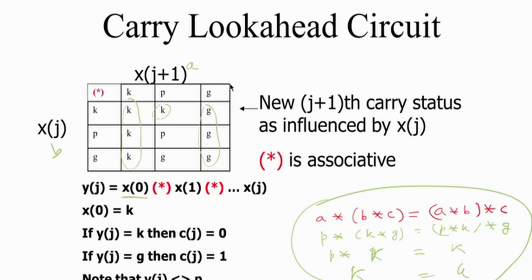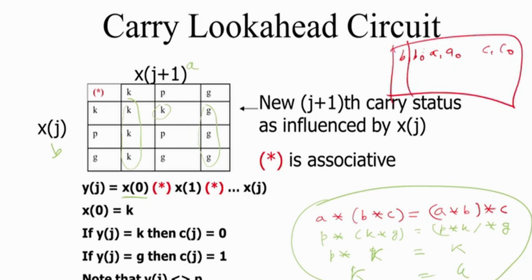So what would be the truth table here? I will have a truth table for xj plus 1 star xj. So a star b has 2 bits for each. I will have b1 b0, a1 a0, and whatever the output c1 c0. Let us say a star b equals c, then I can construct a circuit very quickly for this.